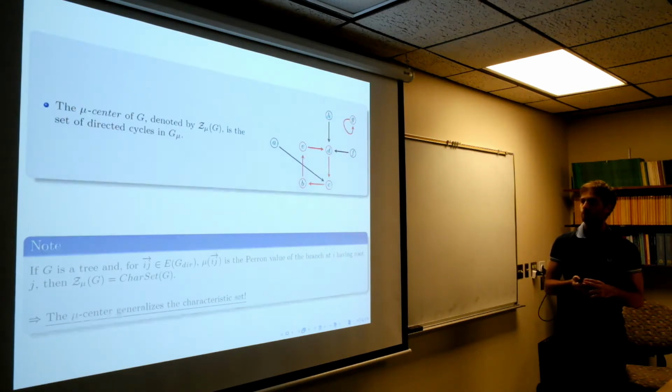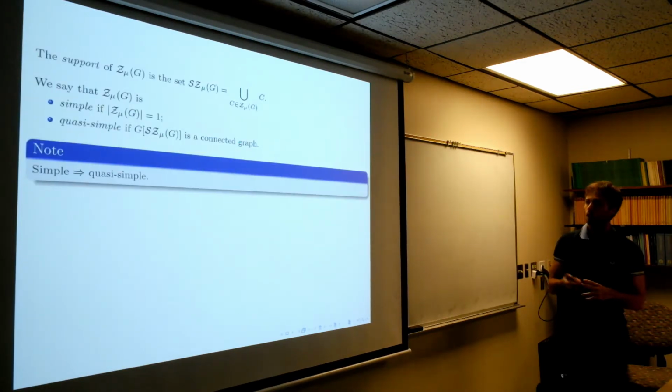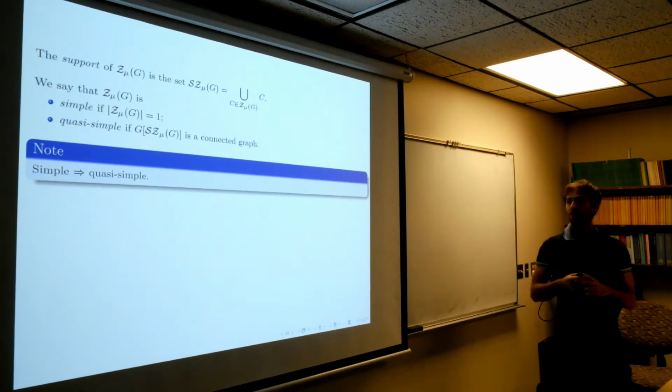Okay. Well, we can see that simplicity implies quasi-simpleness, right? Whenever a graph has a simple center, it means that the central cycle is unique. So in particular, the subgraph induced by the vertices in this cycle is connected. But the other way around doesn't always work.